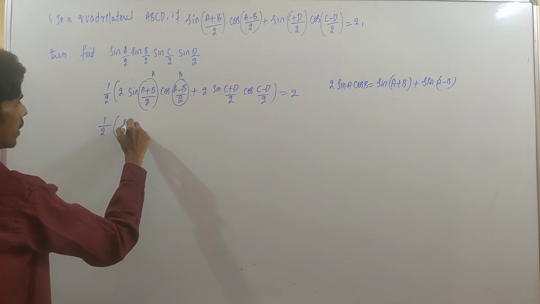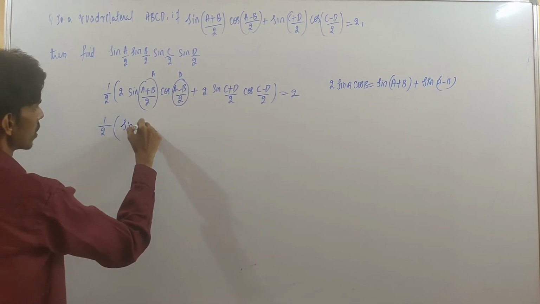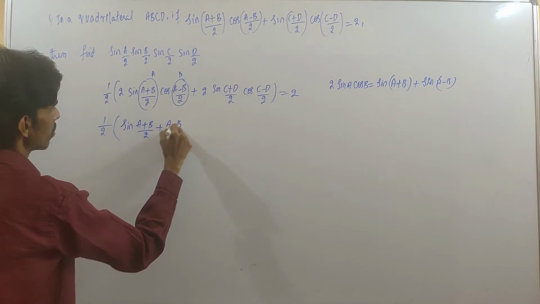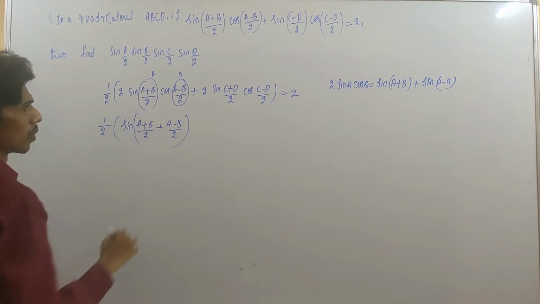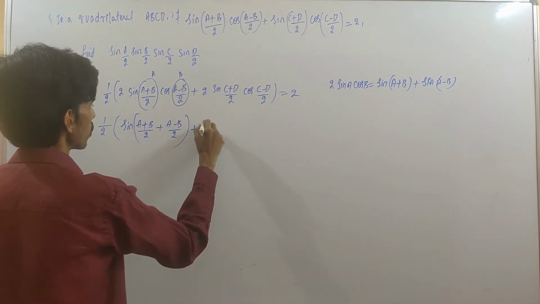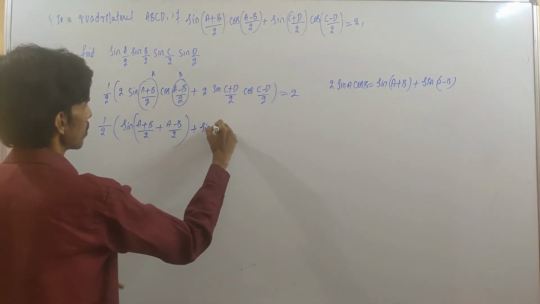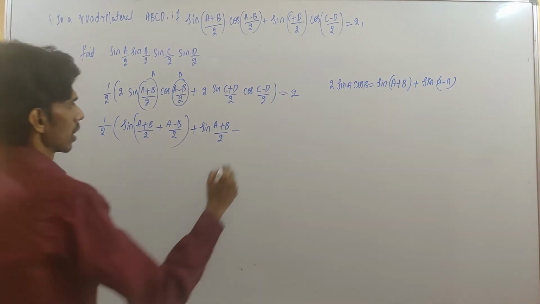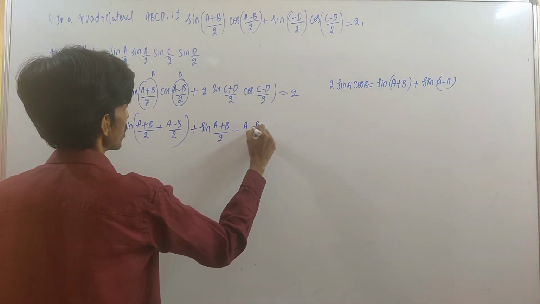So it will become sin of (A plus B)/2 plus (A minus B)/2, plus sin of (A plus B)/2 minus (A minus B)/2.